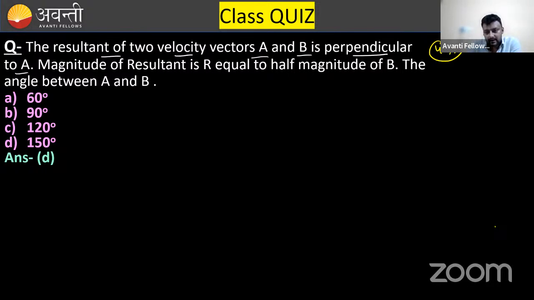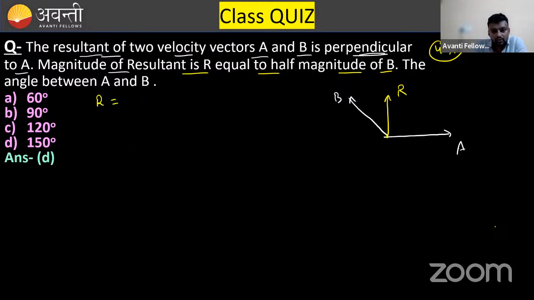Let's suppose these are the two vectors A and B. The resultant R is perpendicular to A. The magnitude of R is equal to half the magnitude of B. That means the question says R equals B by 2.